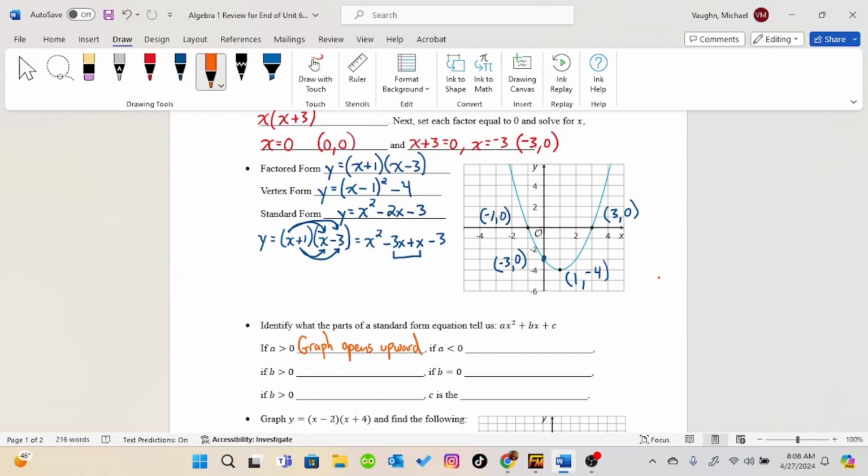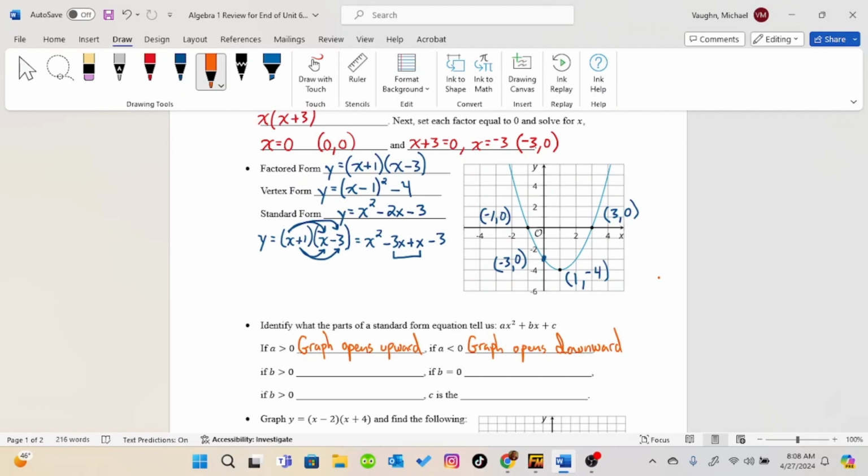If a is less than 0, meaning a is negative, this tells us the graph opens downward.